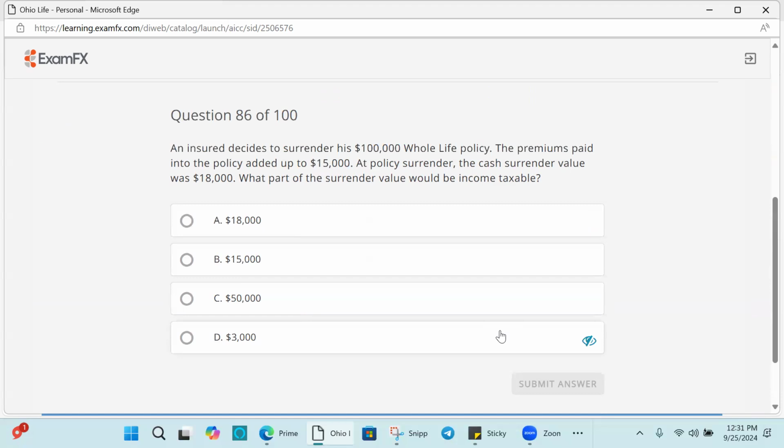At the policy surrender, the cash surrender value was 18,000. So I paid in 15 but the surrender value is 18. They're going to subtract that and they have $3,000. There you go.